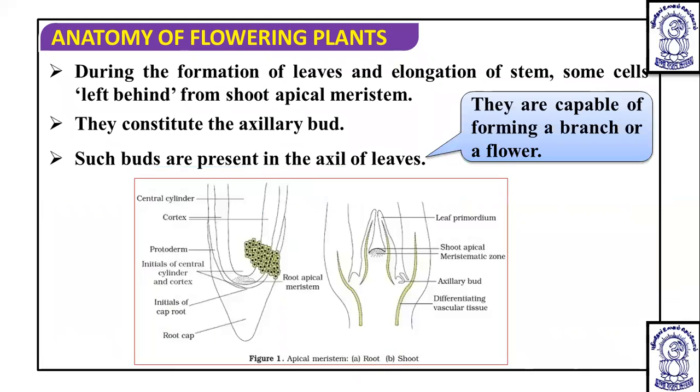See, if this is the stem, this is the growing part, this is the node, and this is the leaf. The angle which is formed here is known as axil.